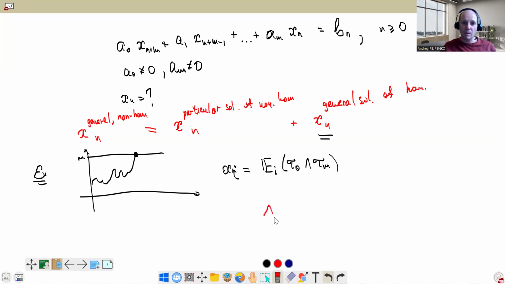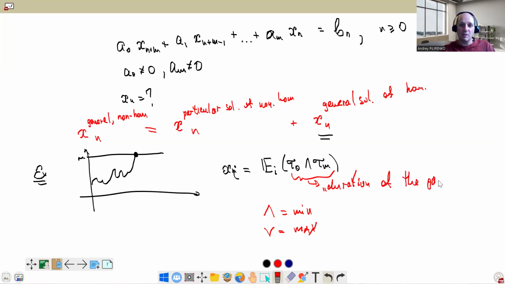So this sign is minimum and this sign is maximum. So this is just usual notation in probability theory. So tau 0 minimum tau m is the so-called duration of the game. The game ends, so the random walk ends when you hit 0 or m.